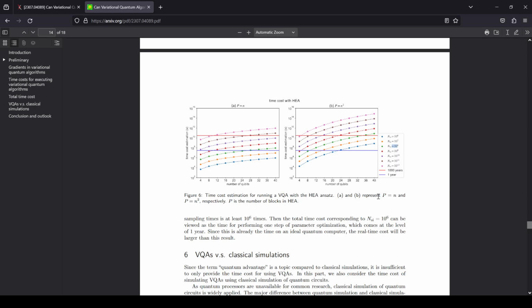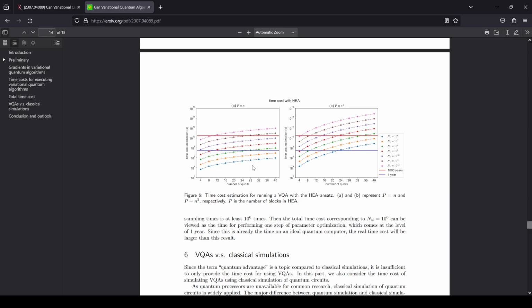So if we do 1,000 shots and 10,000 iterations, did I do that math right? No, 1,000 shots and 100,000 iterations, right? 10 to the 5th, yeah, it's 100,000. Then what we have is this set of green lines right here, and we can see that on this left figure at about 28 qubits, there's a crossover point for a year, and that's huge.